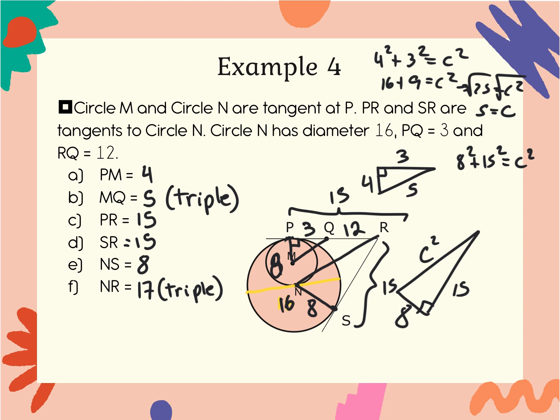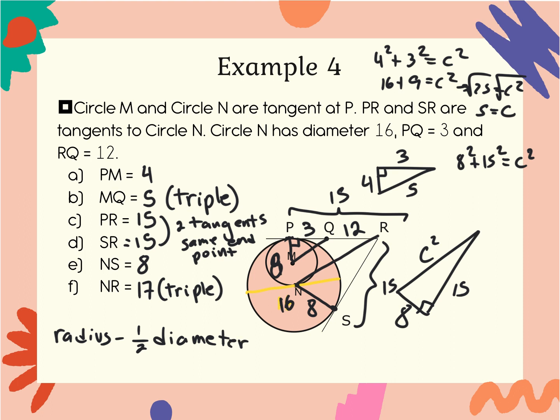Now, these two, I'm just going to write the information. So there's two tangents with the same endpoint. The triples I wrote down. Remember that the radius is half of the diameter.